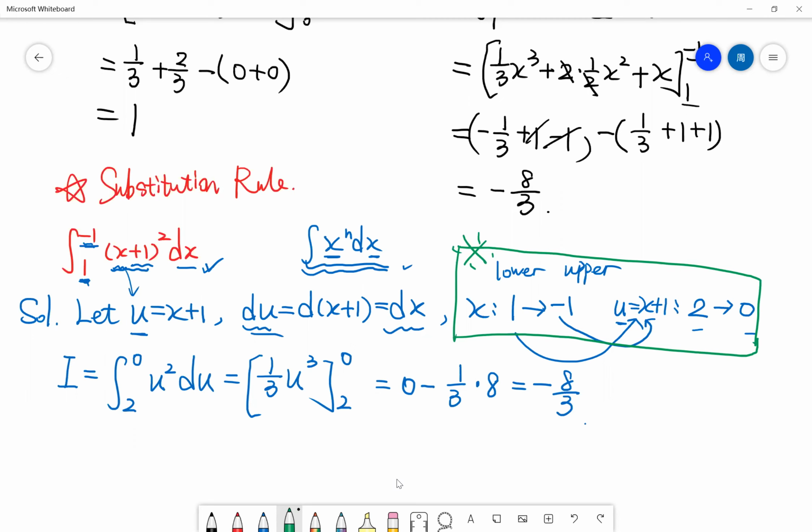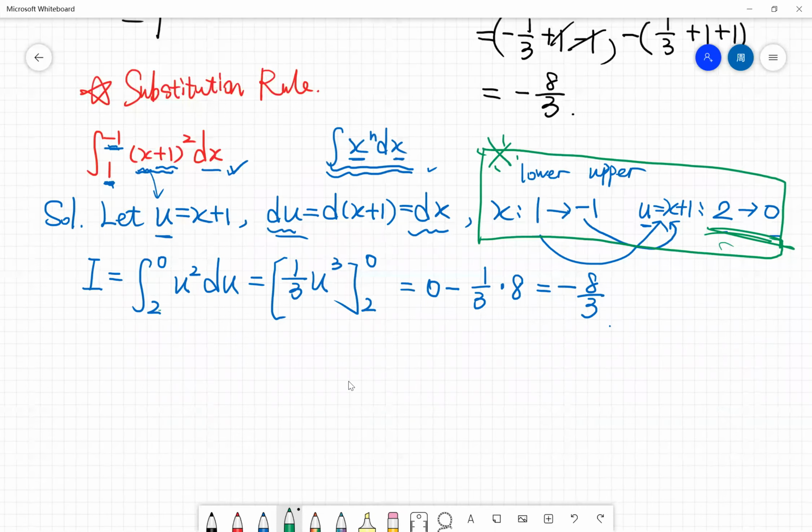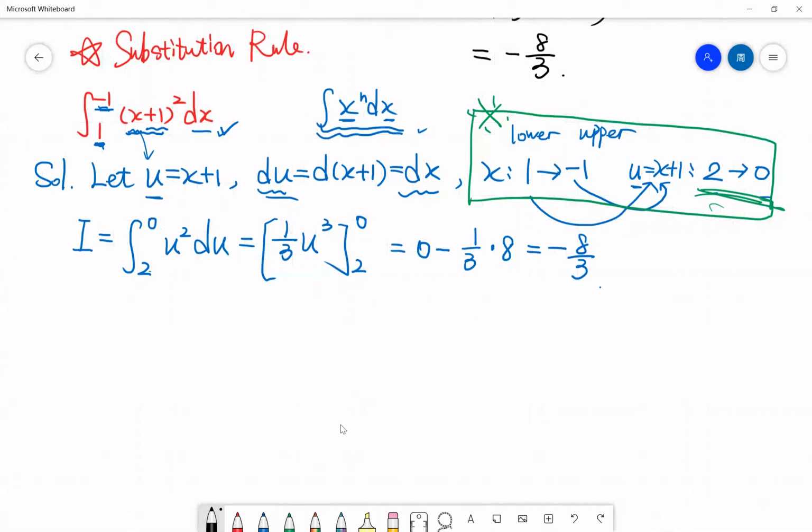So you have to change the limit from 2 to 0. Okay, so this is the way to use the substitution rule for calculating a definite integral. Okay, so I will show you another example here.